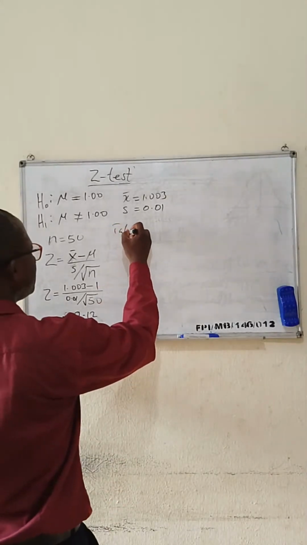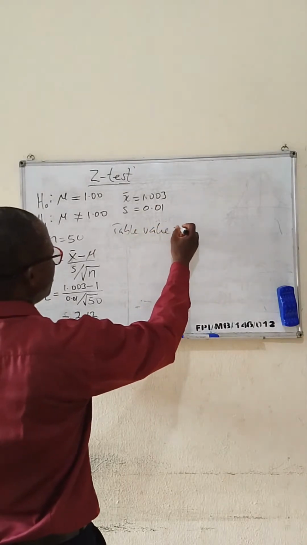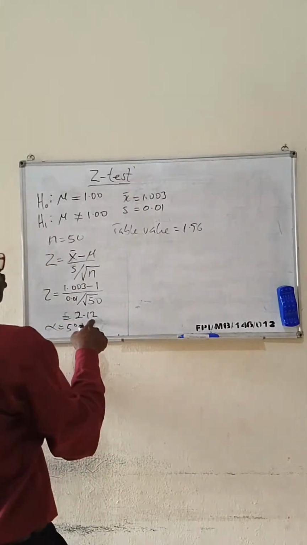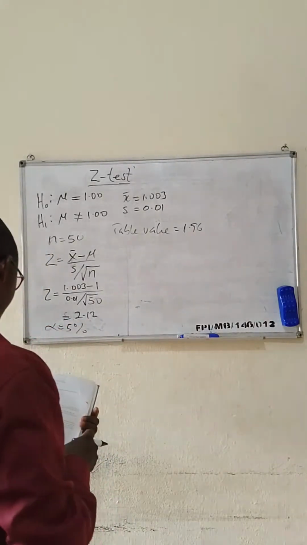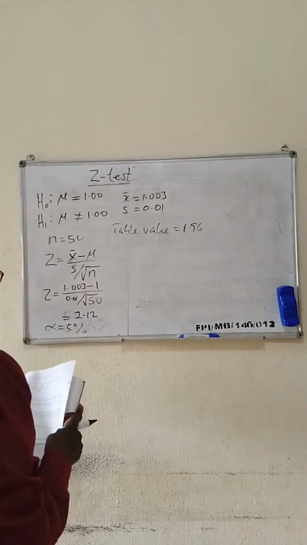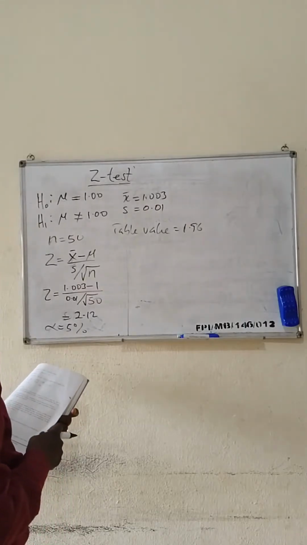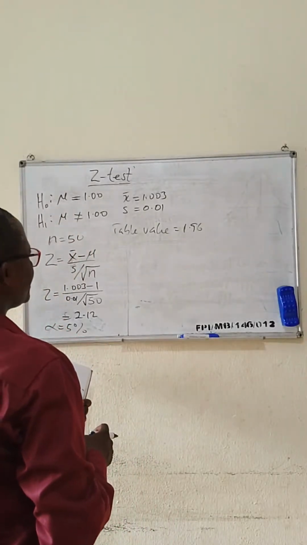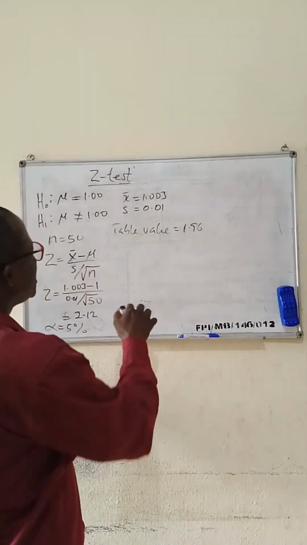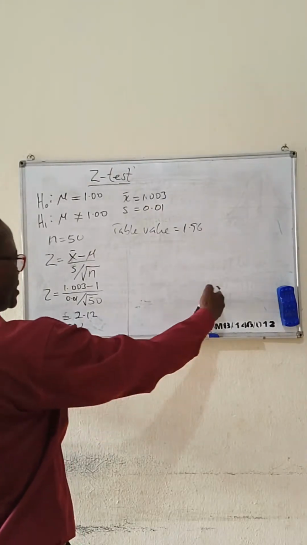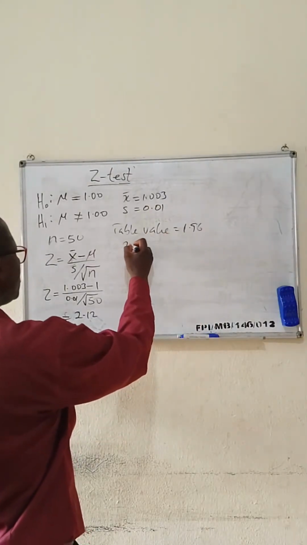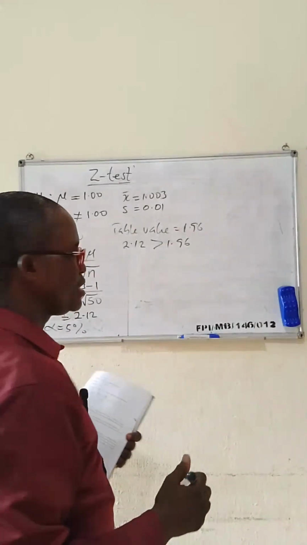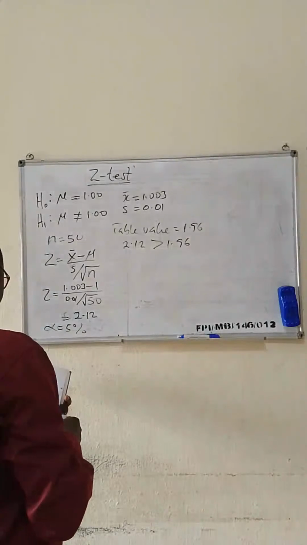So the table value is 1.96, and our calculated value is 2.12. Now we can see that our calculated value is higher than the table value. The first one that we did, our calculated value was lower than the table value. But here, 2.12 is greater than 1.96.